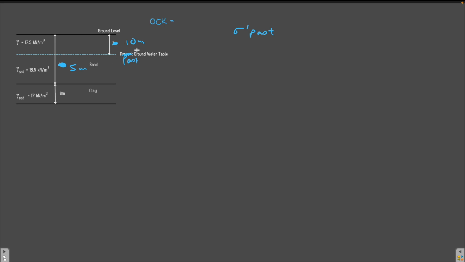Past groundwater table data was 10 meters below the ground level, and this will then be 5 meters. So using this, we will calculate the past stress. First of all, the stress will be due to the unit weight of the sand, that is 17.5, multiplied by 10.